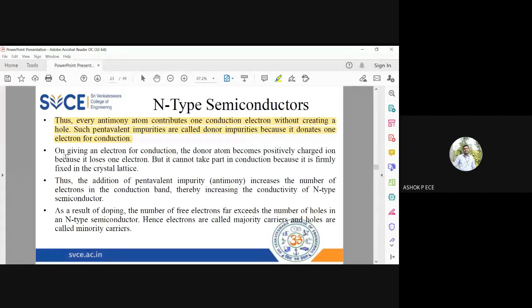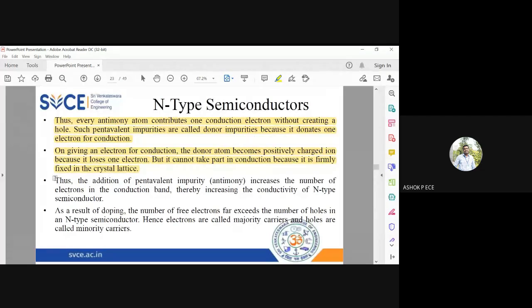When it donates 1 electron for conduction, donor atoms become positively charged because they lose 1 electron. Antimony has 5 electrons and it has lost 1 electron because of adding the impurity, so it becomes positively charged. It cannot take part in conduction. Only the 5th electron given by this donor impurity will take part in conduction.